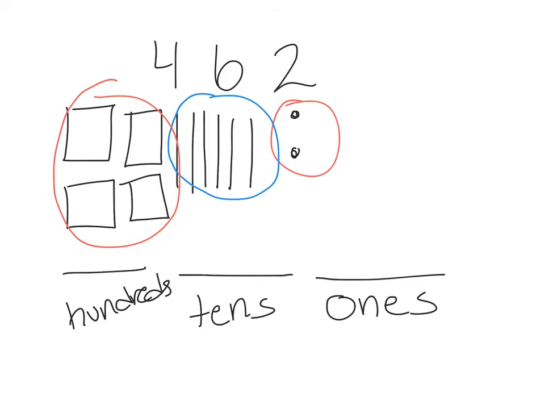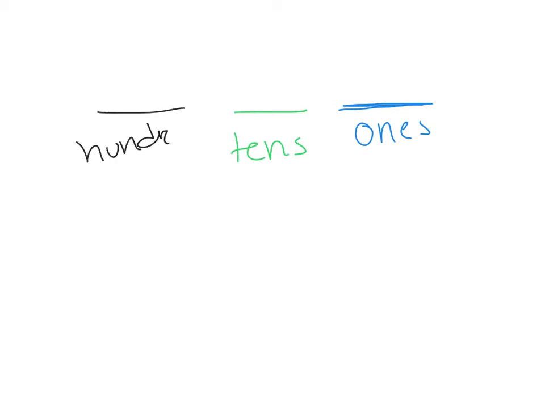So when we're looking at a number, the first place value that we see on the right is our 1s place. Second place value is our 10s. Third place value is our 100s. In my 1s place, I can only hold 9 1s.